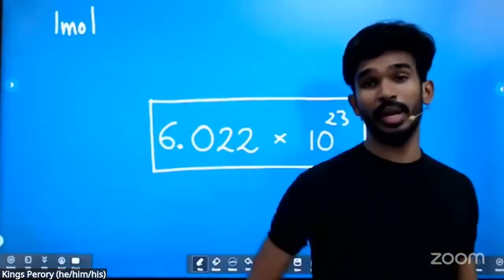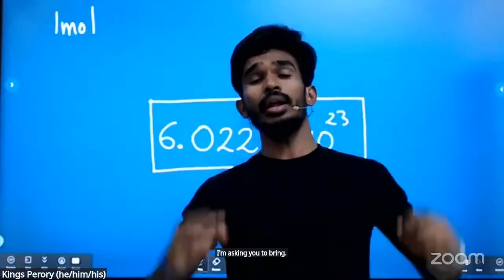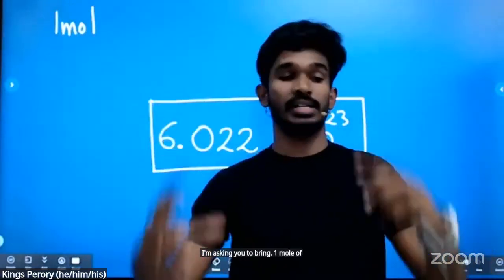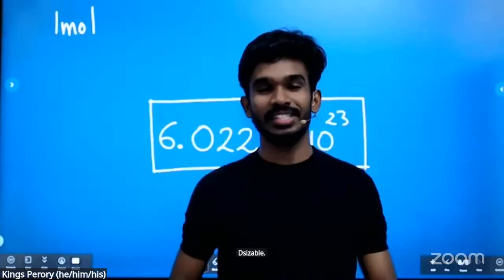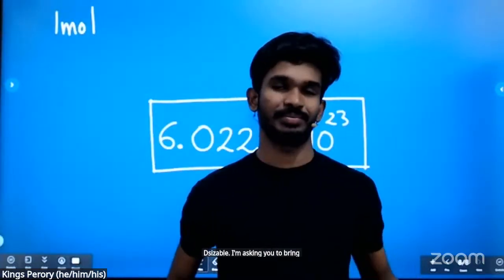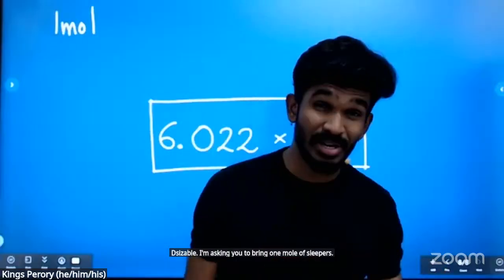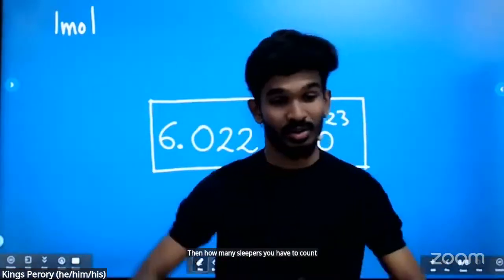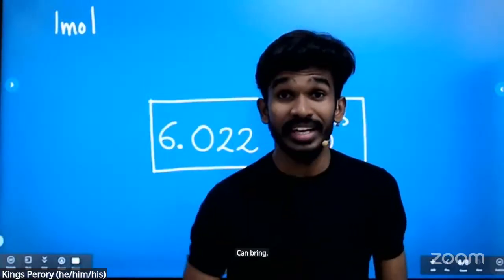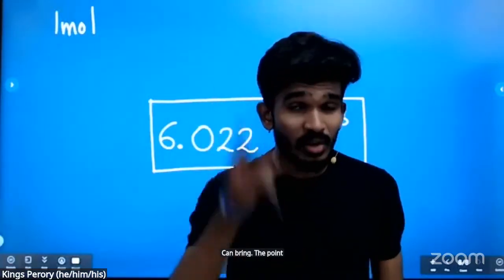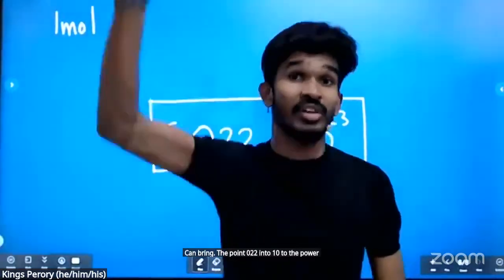I'm asking you to bring 1 mole of slippers. Then how many slippers do you have to count and pack, in I don't know how many containers, and bring? 6.022 into 10 to the power 23 number of slippers.